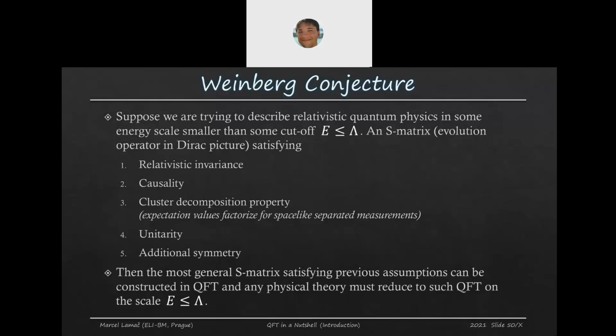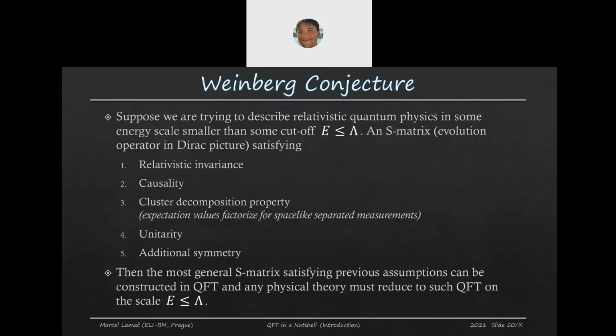For example, for each of the quantum field theories, like quantum electrodynamics, quantum chromodynamics, or the electroweak theory, there are additional symmetries associated with these theories. There is an additional symmetry associated with the Lagrangian. This is different from the Lorentz symmetry, and this symmetry gives rise to the interaction between the particles.